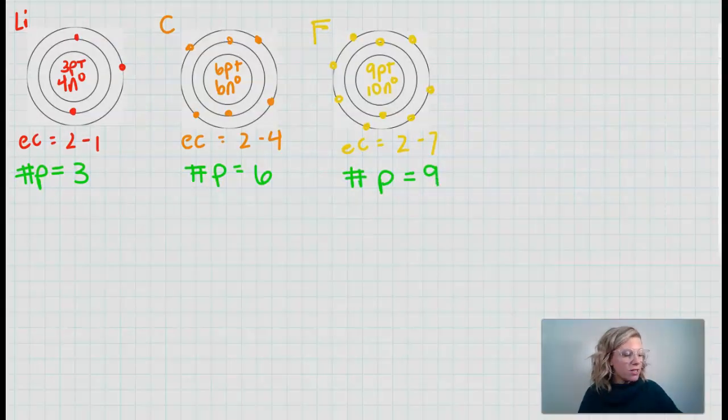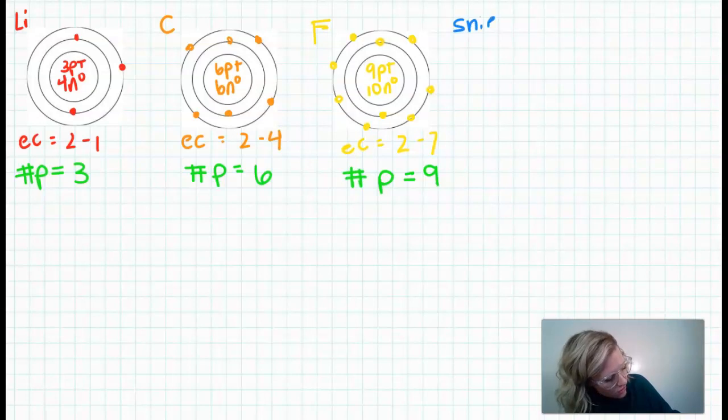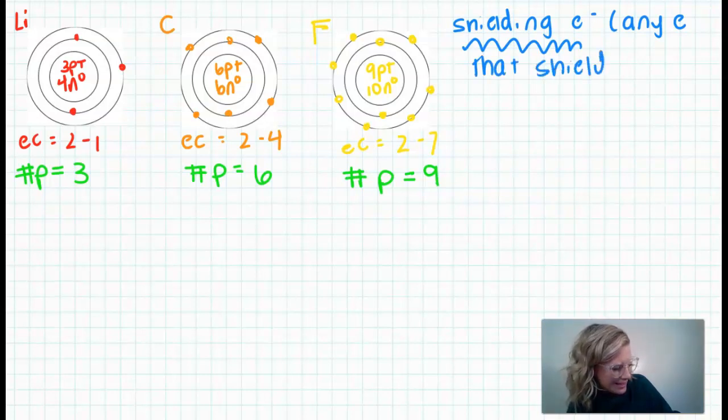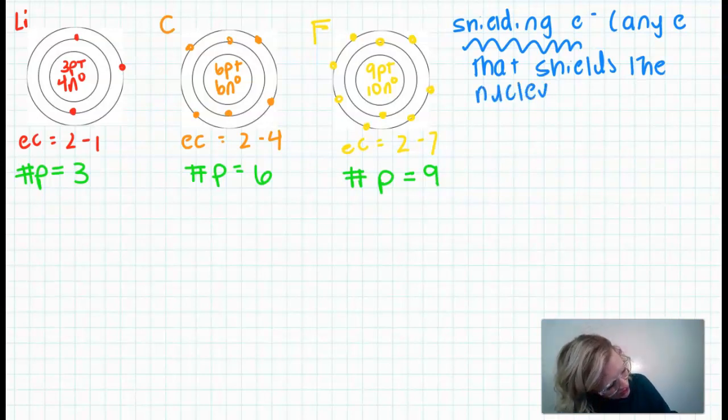Now I want to look at what's called shielding electrons. Shielding electrons are any electron that shields the nucleus from the valence shell.